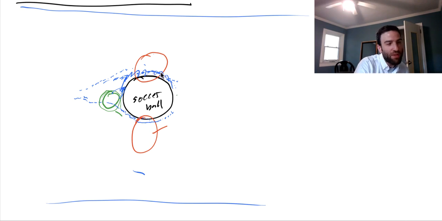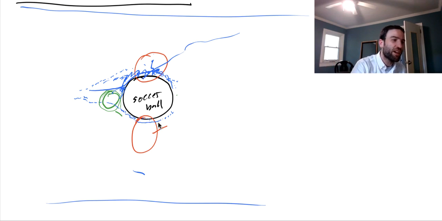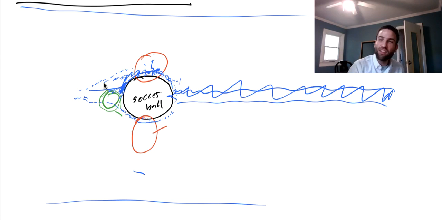See, if you have an intermediate speed soccer ball, say, the boundary layer can go from laminar to turbulent, like over here, for instance, and that can leave behind a very wide wake of turbulence behind it. But if the boundary layer everywhere around the soccer ball is already turbulent, the result is that you just have a very focused wake of turbulence behind the soccer ball, and you don't disturb as big a region of air.